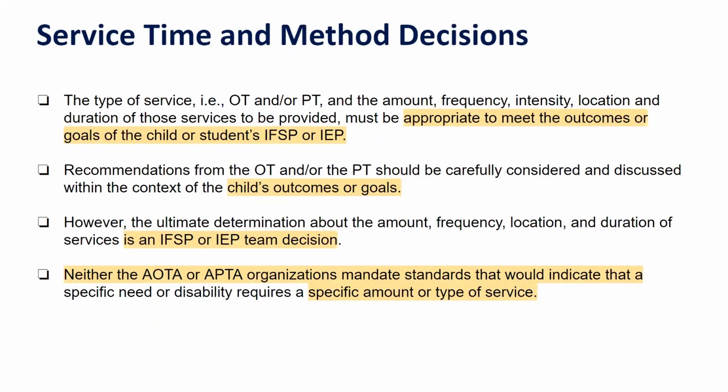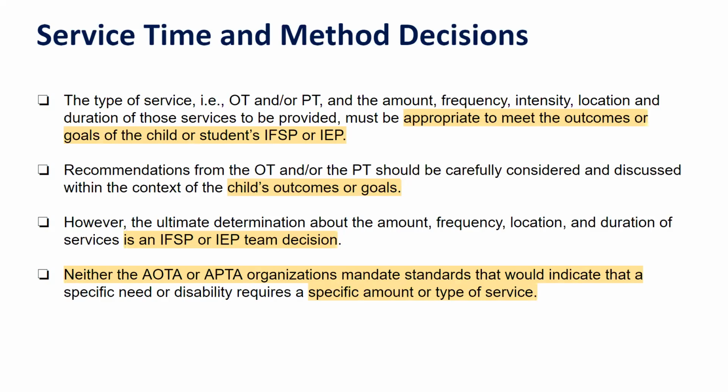We also want to make sure to have a discussion about service time and the method of services. So the Nebraska Department of Education identified that services of the occupational therapist and physical therapist must have appropriate frequency, intensity, and locations to meet the outcomes or goals of the child or student's IFSP and IEP.